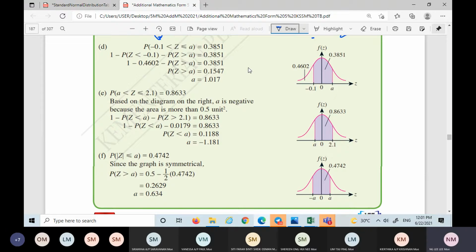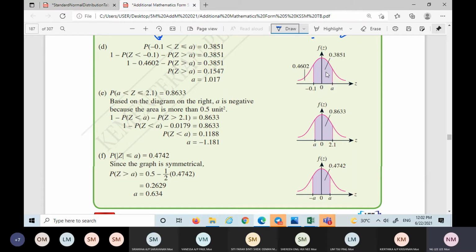D is where Z is in between. Two numbers: one number is given, and the other number you are asked to find. In between. Actually A can also be on the left-hand side of the 0, but we assume this way first, and if it doesn't work you only change.